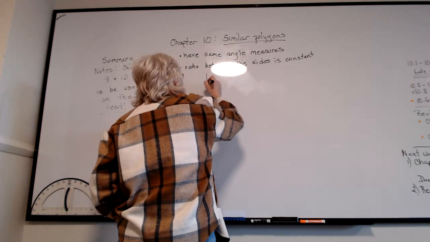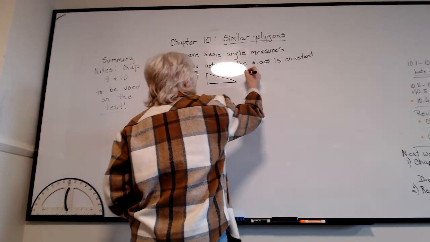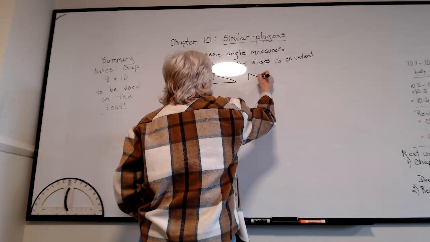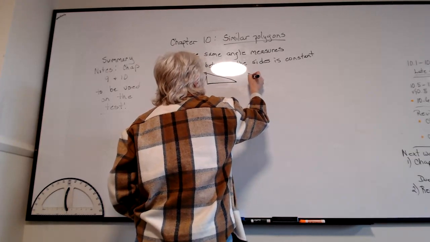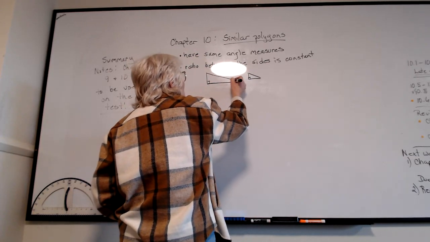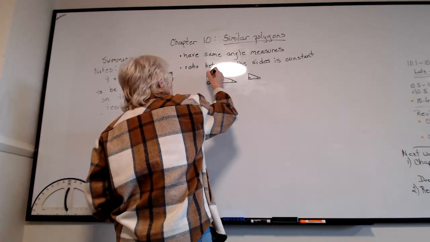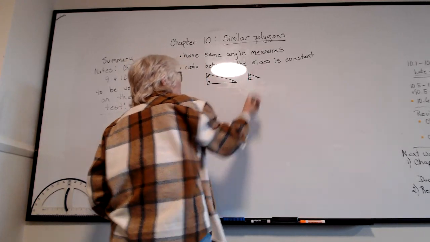An example, I'm just going to use a right triangle because it's easier. In here, we know that all these angles are the same. That's the markings there.